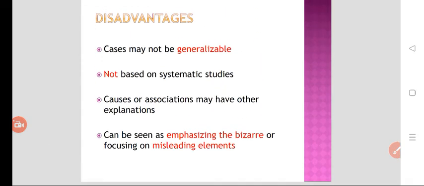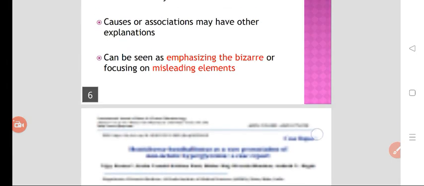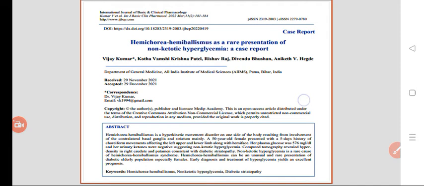Okay. Now this is a case report which is given in the IJBCP. It is not clear. Just wait for 1 minute. Yes, this is the case report explained in the International Journal of Basic and Clinical Pharmacology. It is just an example.